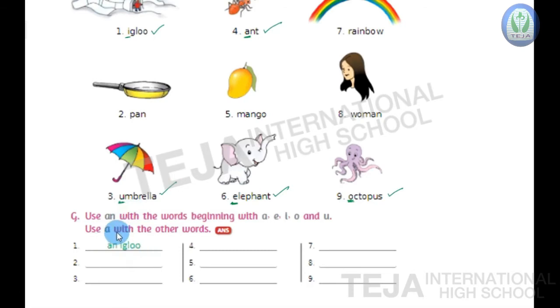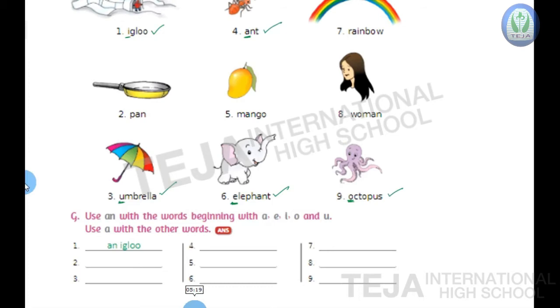Here the first one is done for us, children. An igloo. The starting letter of igloo is I. So an is written. An should be written before a vowel letter word. And a should be written before a consonant letter word. Now we will do the second one, children.